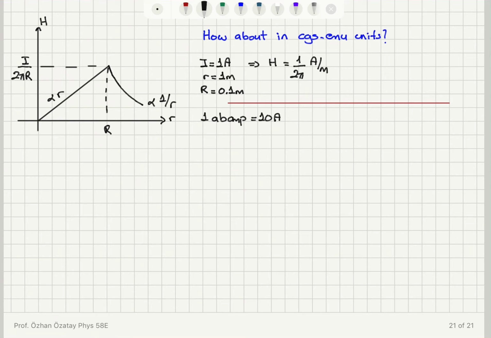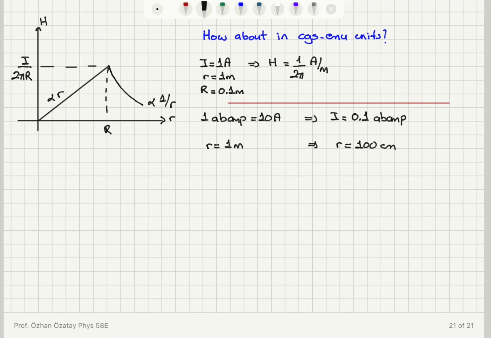So the current that I'm considering here is not 1 amp in CGS, it's 0.1 amps. The distance R from the center was 1 meter. That means in CGS I have 100 centimeters.